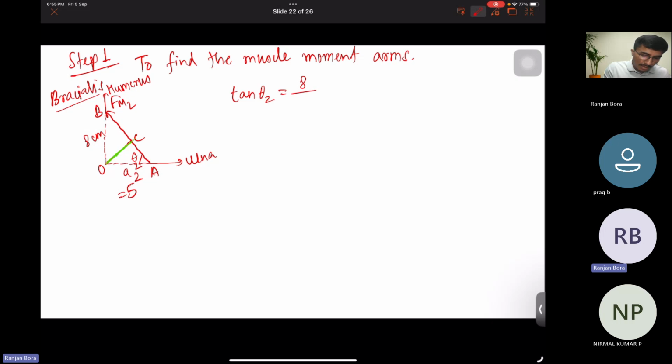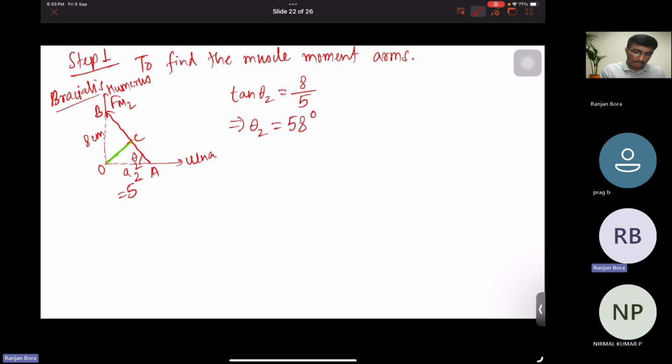It will be 8 by 5. So theta 2 is 58 degree.